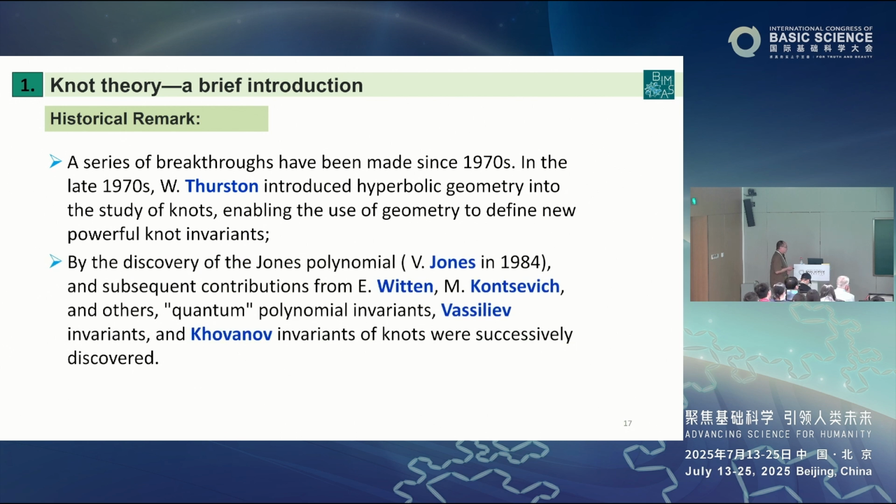Following the discovery of Jones polynomials and the subsequent contributions from Witten, Kontsevich, and others, quantum polynomial invariants, Vassiliev invariants, and Khovanov invariants of knots were successively discovered. But nowadays, there are many more invariants of knots. So these are only the tip of the iceberg of modern knot theory.